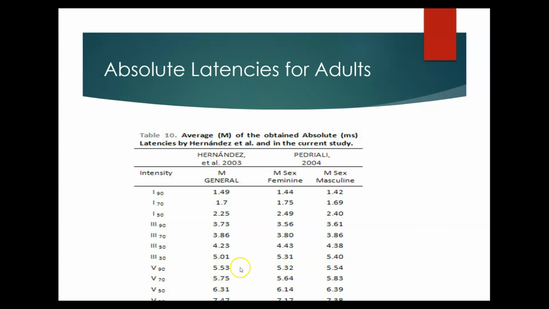If they occur outside of that, it's abnormal. Another study looked at the difference between men and women, and you'll notice that men's occur a little sooner than women's. This study teased out male and female. The study that established norms is everybody in general.